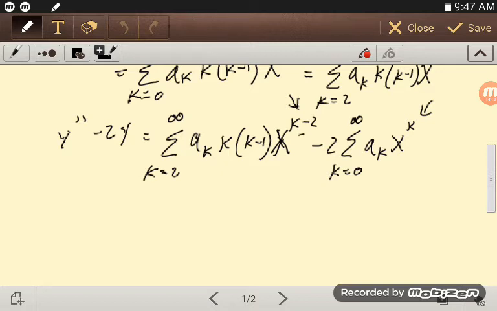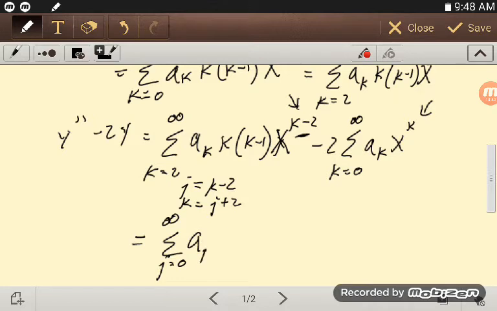You see I've got a k minus 2 up there, and so I'm going to let j be k minus 2, but that means k is j plus 2. And so this thing becomes the sum. Well, k started at 2, but if k was 2, then j was 0. J equals 0 to infinity again. A sub k, so that's a sub j plus 2.